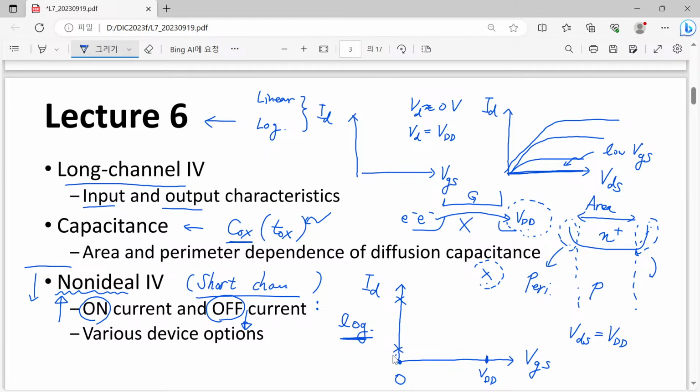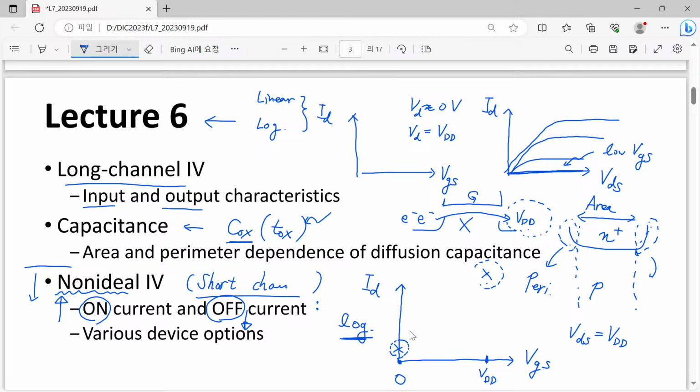Obviously, you want this low one. So in an ideal case, if you want a very good transistor, your semi-logarithmic input characteristics look like this, and some curve in between. You must have a certain curve connecting these two points.